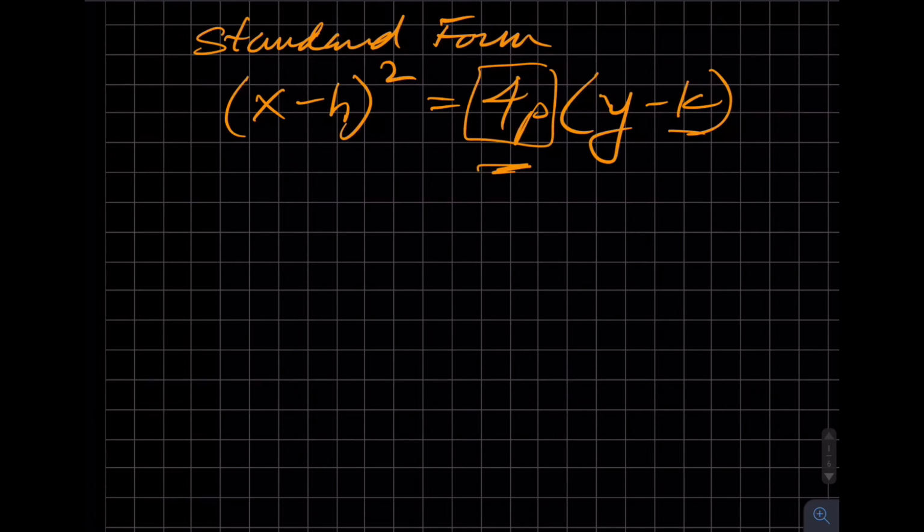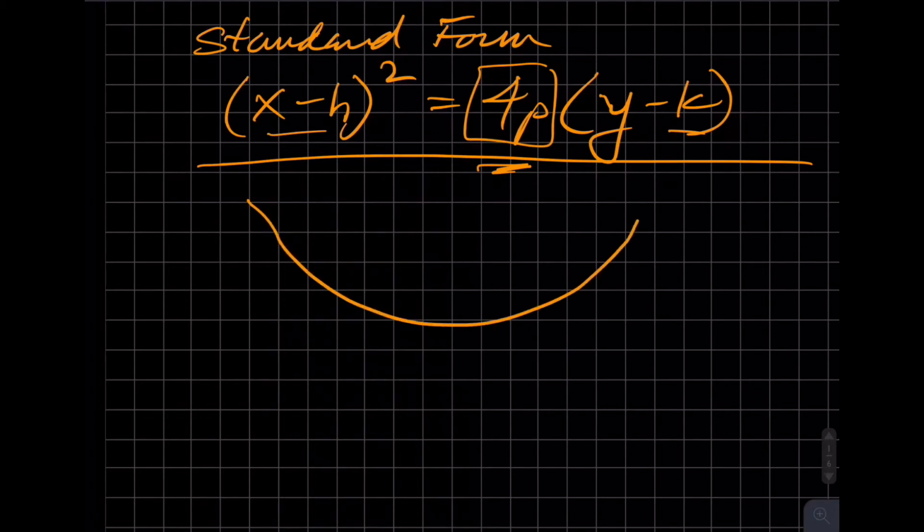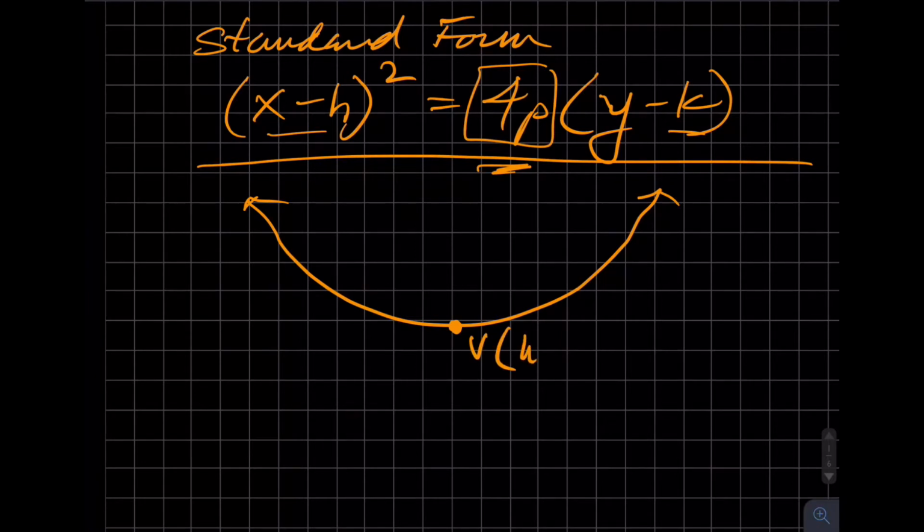So the standard form of a parabola, if I were to graph it, looks like this, especially if it's x squared. It's going to look something like this, okay? And the curvature of that's going to be different for everything. It's going to have a vertex, and that vertex is at the point (h, k).